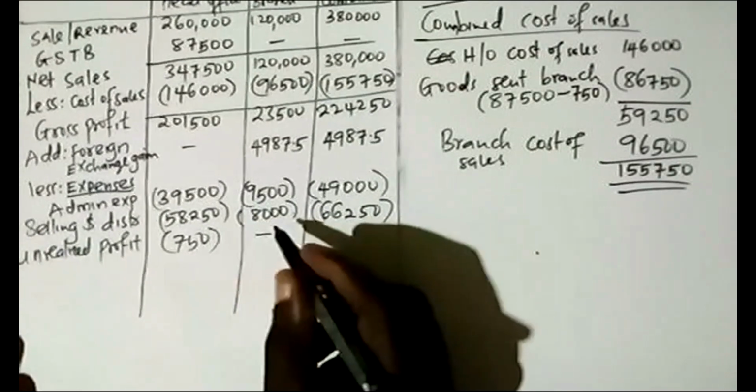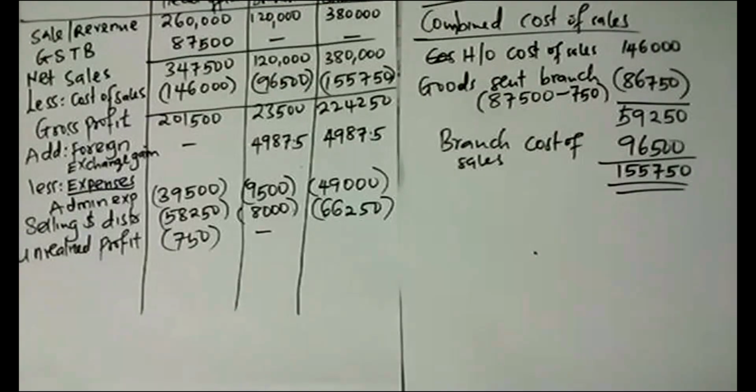Because I said, if the stock of the branch has not been resold entirely, and this stock was from the head office, remember that the head office realized the profit, but the branch had not realized the entire profit because it never resold this stock it received from the head office.